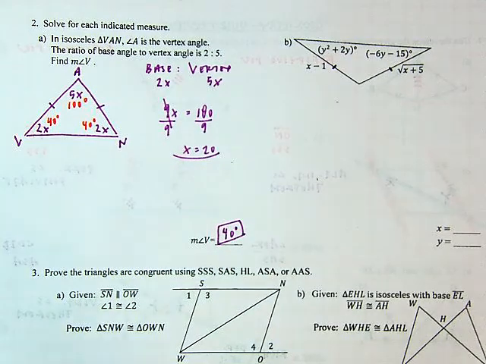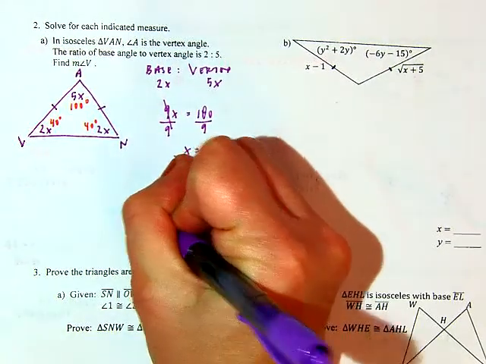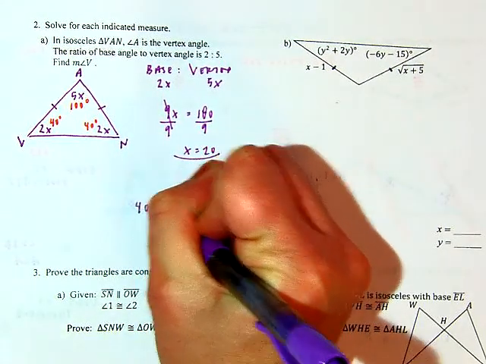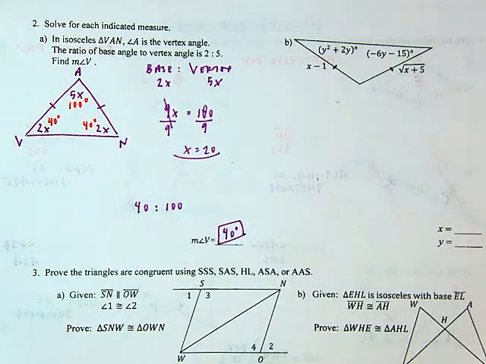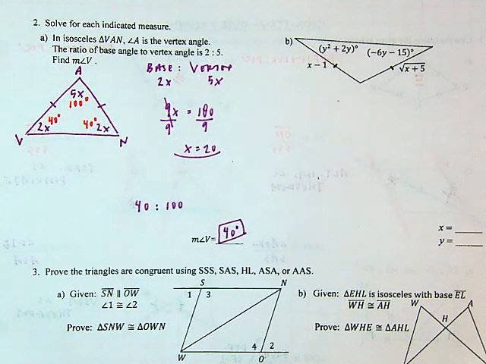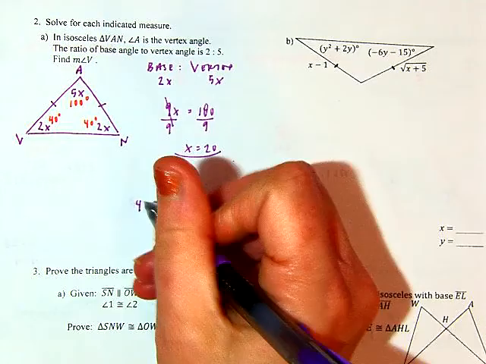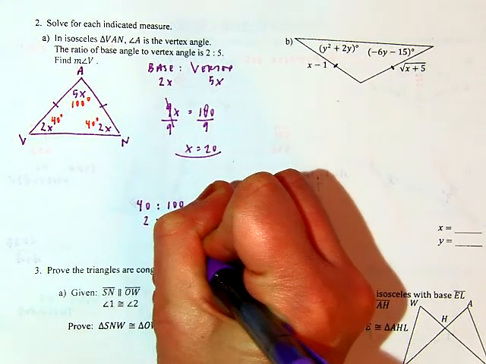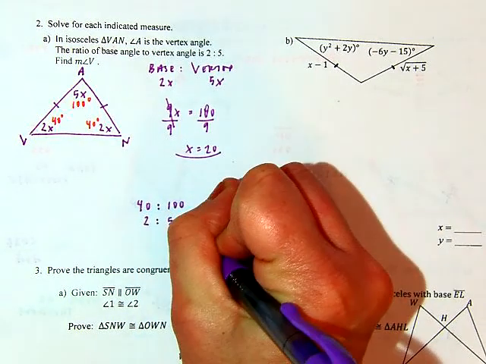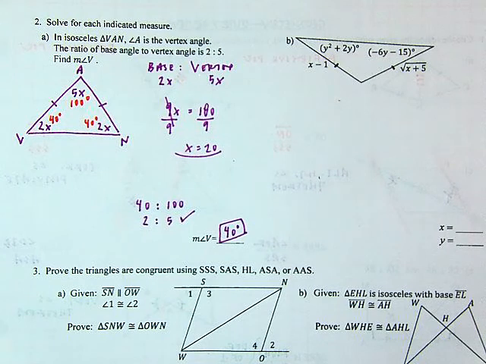If I check that, if I have a ratio of 40 to 100 and I divide both of those numbers by 20, it gets me back to a 2 to 5 ratio. So I'm just confirming that I still have a 2 to 5 ratio.